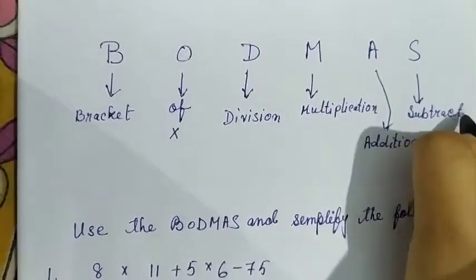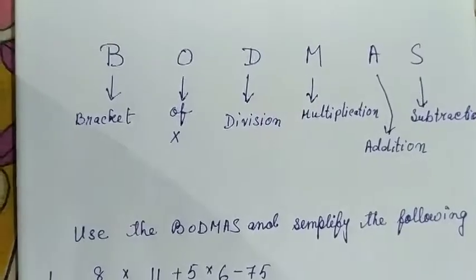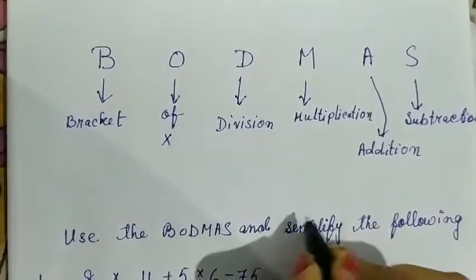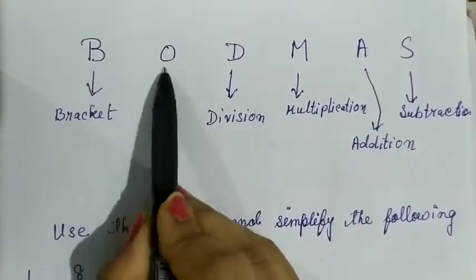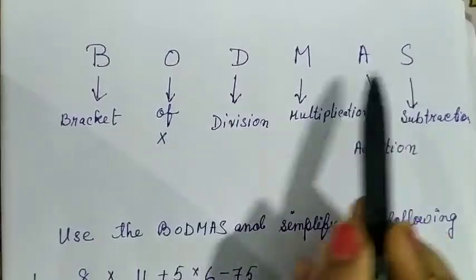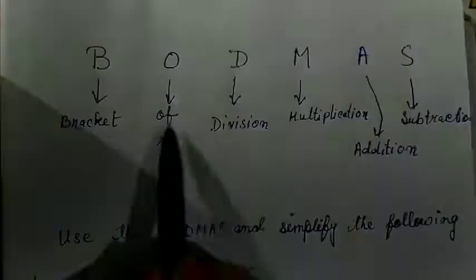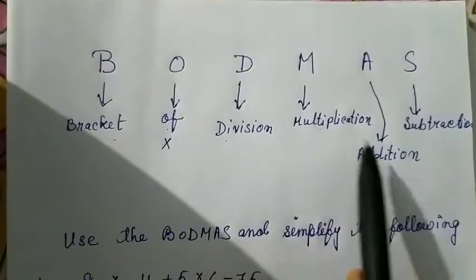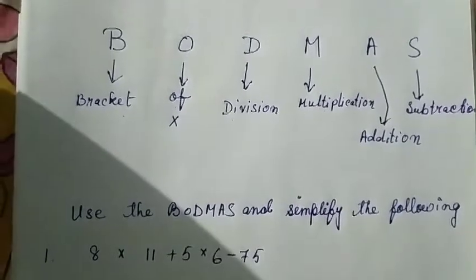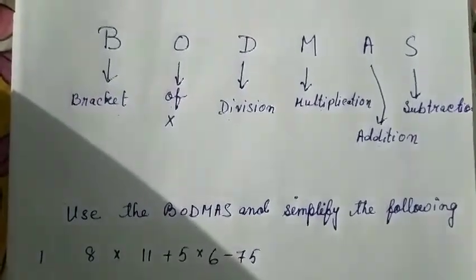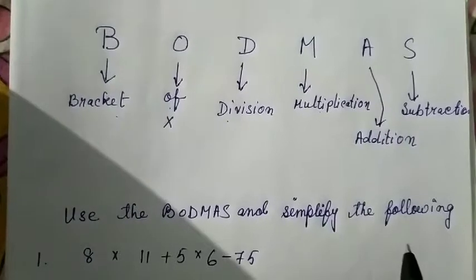This is a rule for solving simplification questions. As the rule says, BODMAS means bracket, of, division, multiplication, addition and subtraction. So what does that mean?